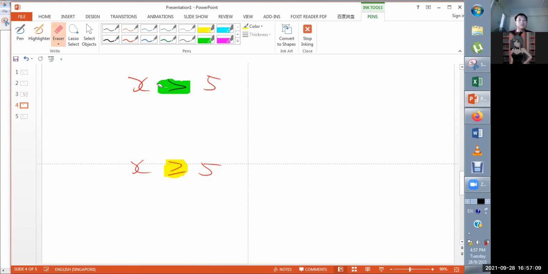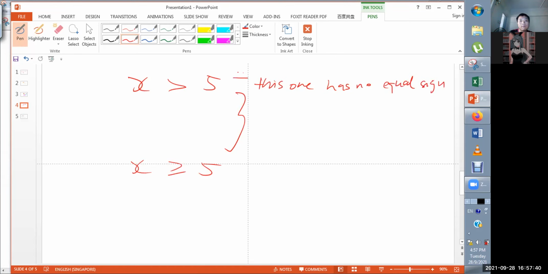Yeah. Okay, good. By the way, I have written down x bigger than 5 and I have written down x bigger and equal to 5. So let's see what is the difference between these two on the number line. The only difference is, this one has no equal sign, right?